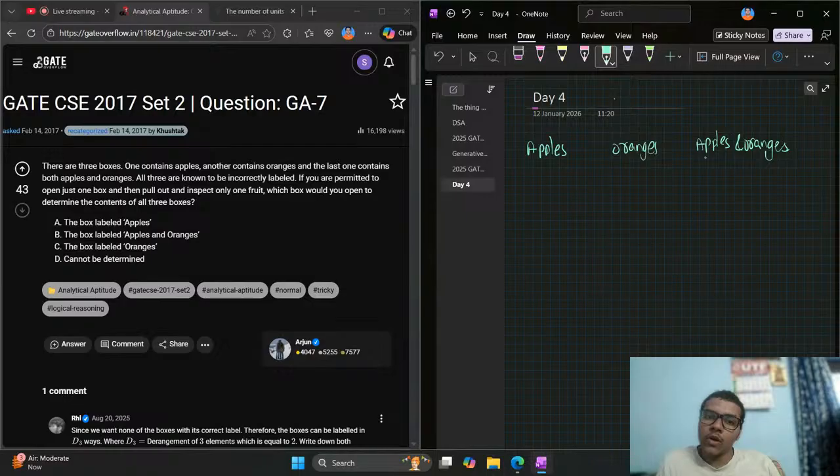If you open this box, if it contains apples only, then since this cannot contain apples, wait, if this contains apples only, since this one cannot contain, right?